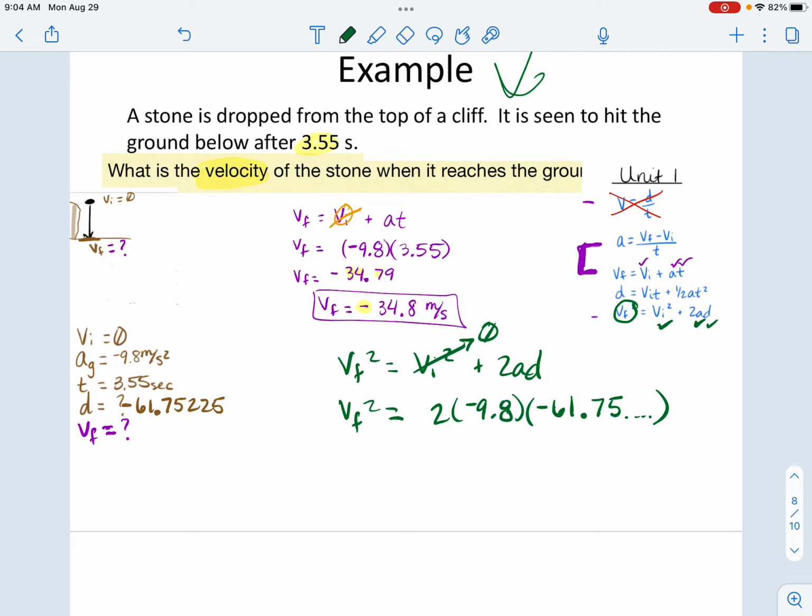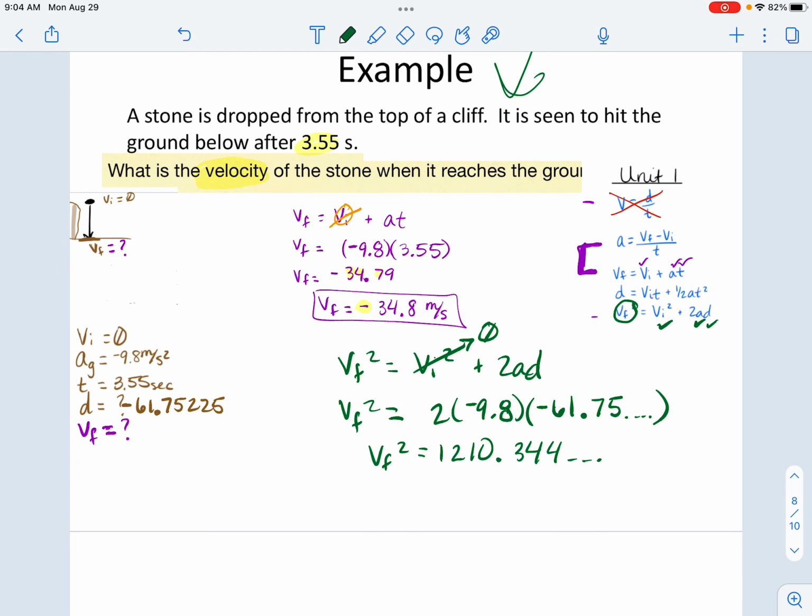Use that answer button. So now I'm going to say 2 times negative 9.8 times my answer, which is the negative 61.75225. And now that gives me a positive 1210.34, and there are more digits in my calculator, and that equals VF squared.